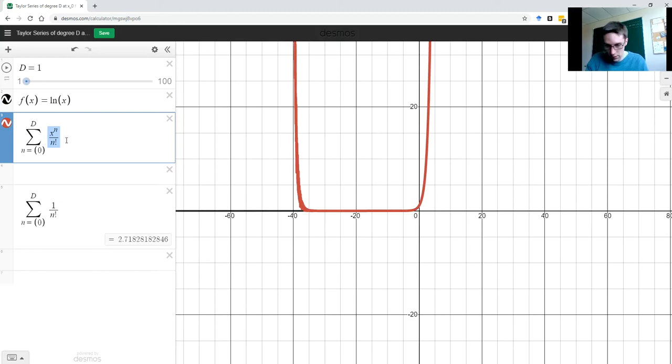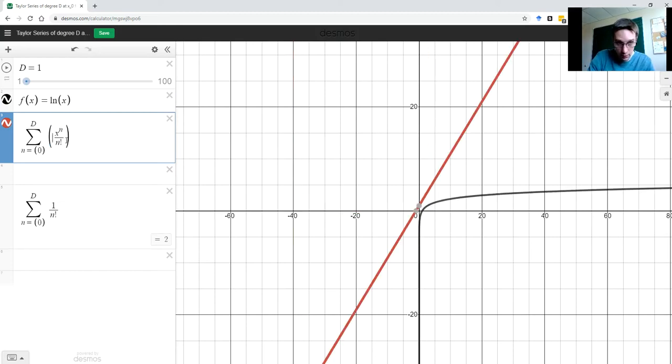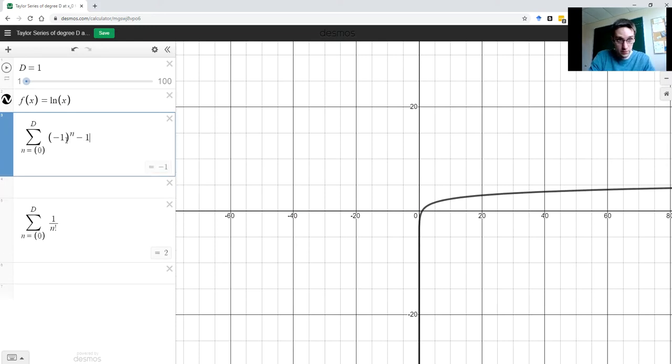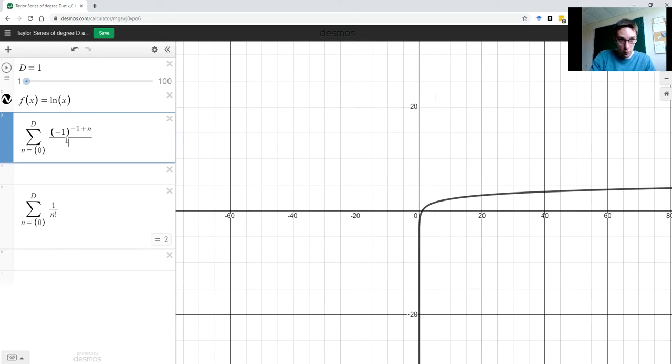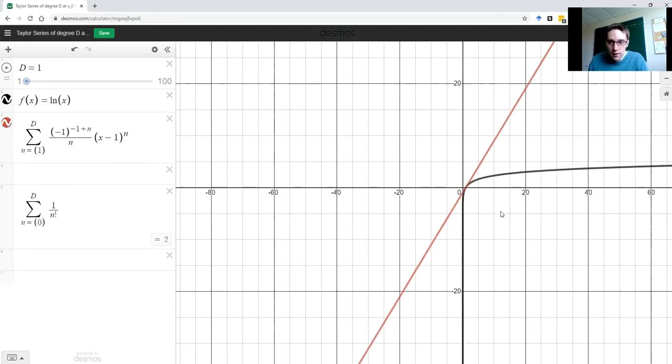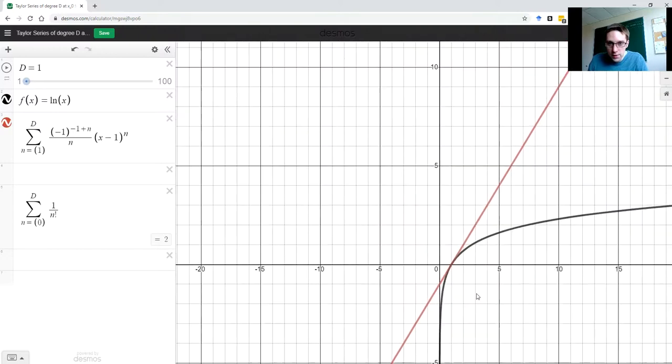It was negative 1 raised to the n minus 1 over n times x minus 1 to the n. And we start with n equals 1 rather than 0. And we'll zoom in just a little bit to see that better.